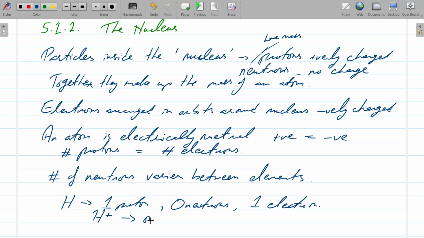It is only a proton. So this is called a hydrogen ion, or also called a proton. I'm sure there are no questions.